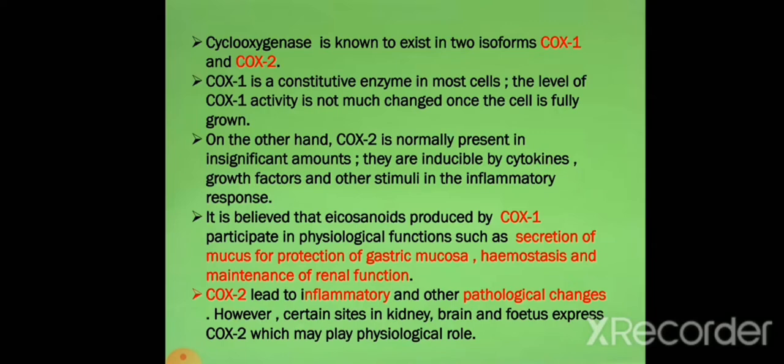However, certain sites in kidney, brain, and fetus express COX-2, which may play a physiological role. It means that COX-1 is involved in physiological functions and COX-2 is involved in pathological changes. But at certain sites like kidney, brain, and fetus, COX-2 will be playing physiological roles too.